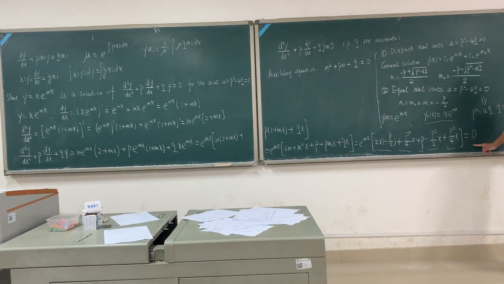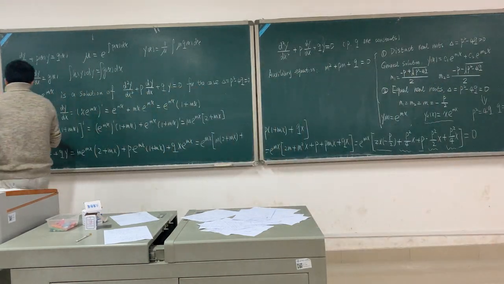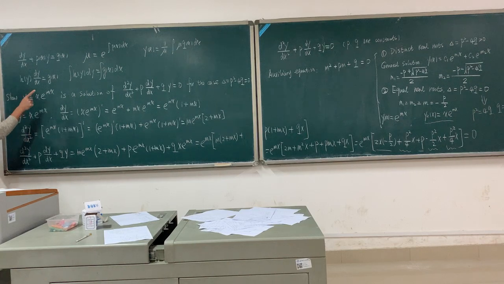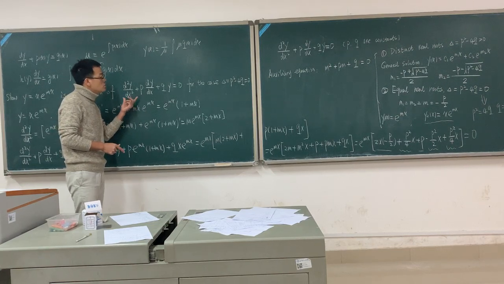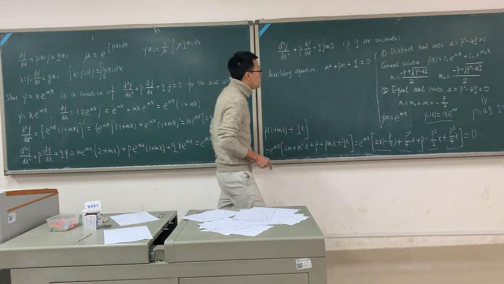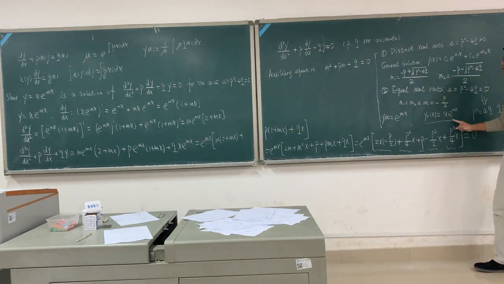So the result is 0, so what does this tell us? In this case, when delta equals 0, the function x times e^(mx) is also a solution of the second order differential equation. So we have another solution: the first solution and the second solution.